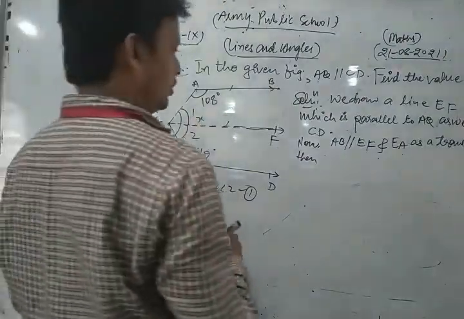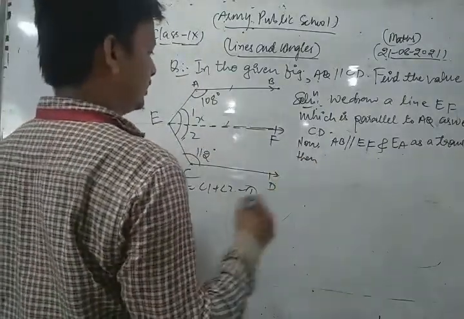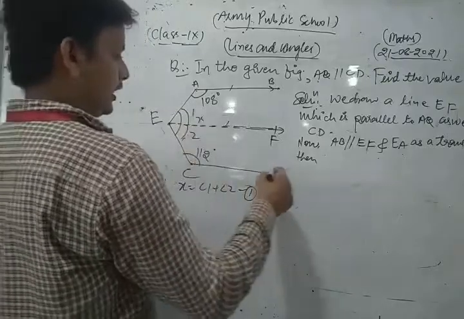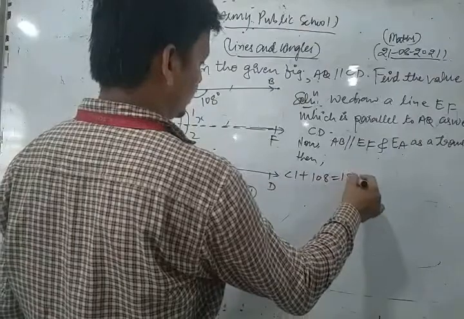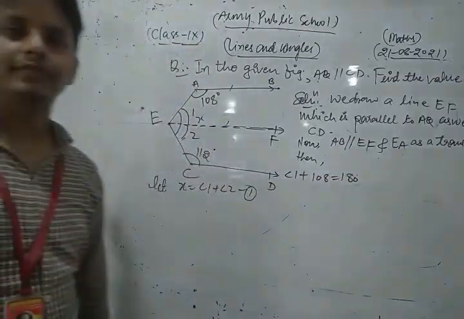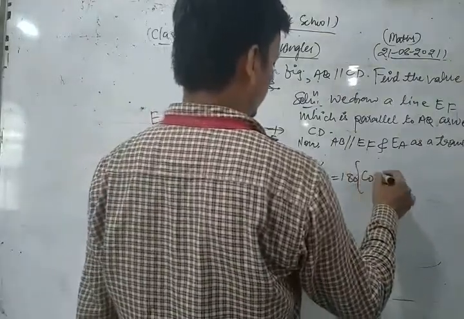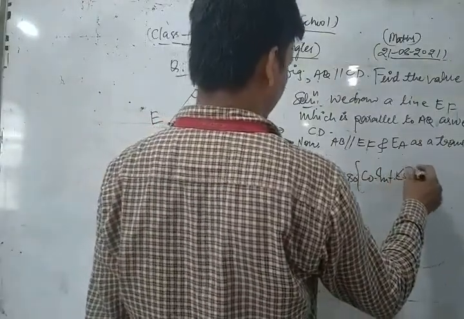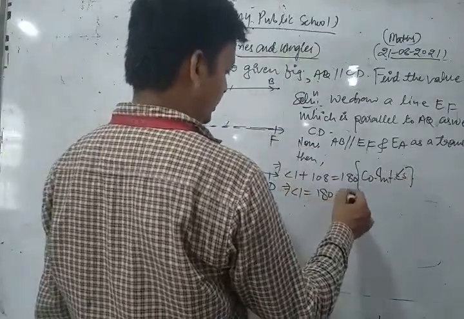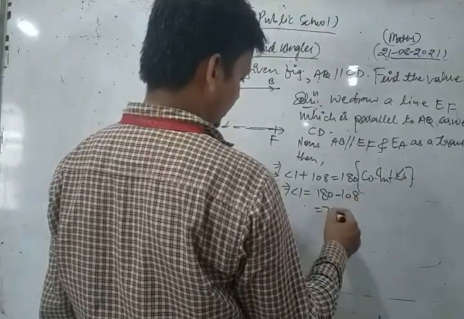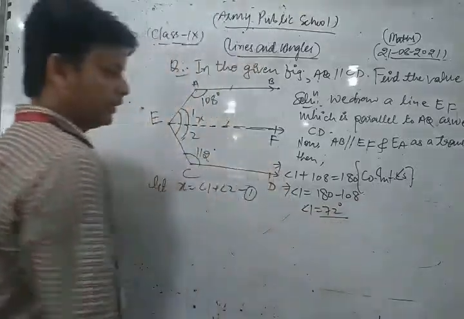Now look, AB and EA as transversal, then angle 1 plus 108 is equal to 180, because this is the pair of co-interior angles. From there we find the value of angle 1: 180 minus 108, that is 72 degree. So the value of angle 1 is 72 degree.